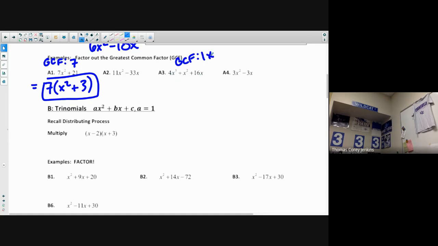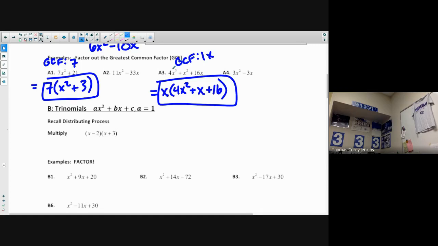So just 1x, so just x. So factoring out an x, we're going to rewrite this one as x times the quantity 4x squared, because if I divide that by x, I get 4x squared plus x plus 16. And you can always check by just distributing, see if you get the same thing. Okay, not too much there.